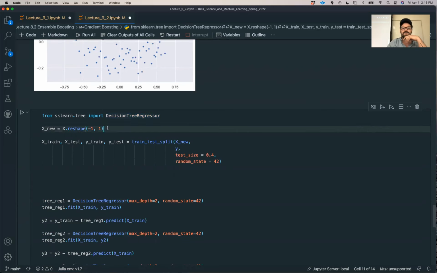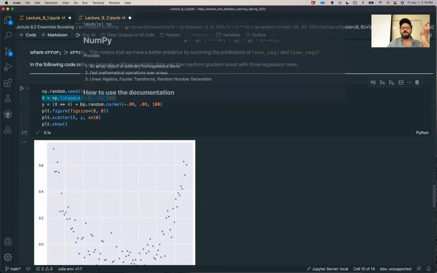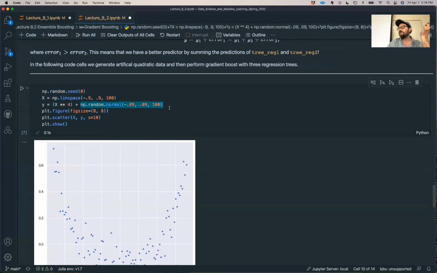Oh, I didn't explain this code to you. I set my random seed to be 0, so I can reproduce this. I make a linspace of x values, and then my target values are those values to the power of 4, plus some noise taken from a normal distribution.